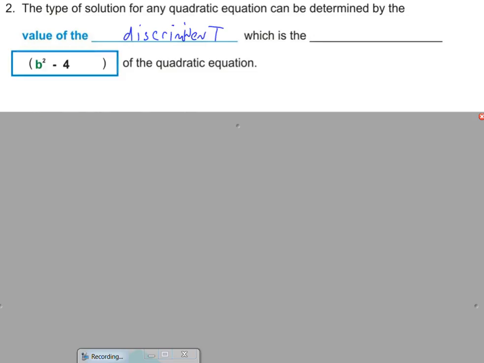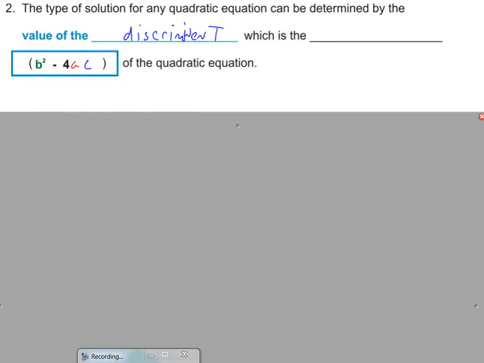And it's simply which is, I don't know why I have this blank when I have this. So don't do the blank, we'll just do it. It's the b squared minus 4ac of the quadratic equation. That box should be in the blank. So, first edition notes, oh well.